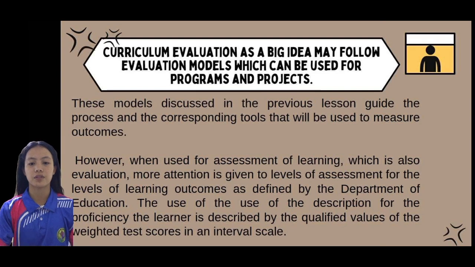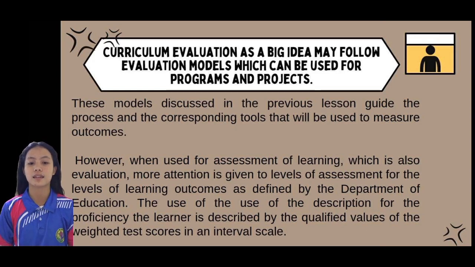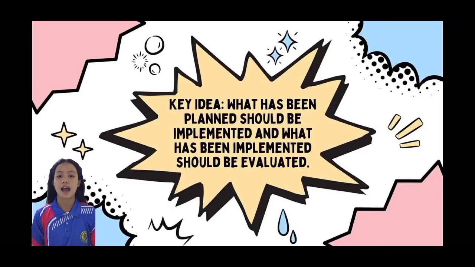For the levels of learning outcomes as defined by the Department of Education, for proficiency, the learner is described by the qualified values of the weighted task scores in an interval scale. Next is the key idea that what has been planned should be implemented, and what has been implemented should be evaluated.